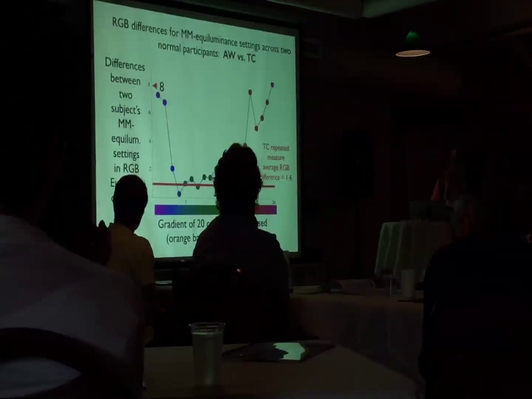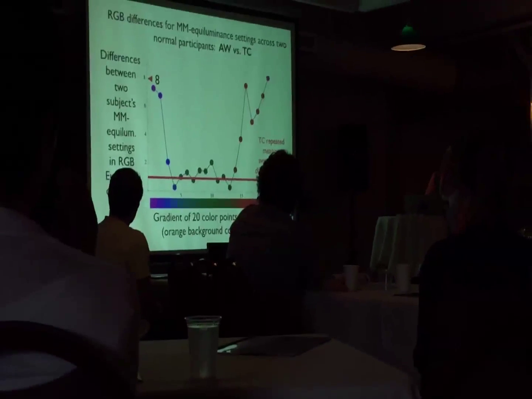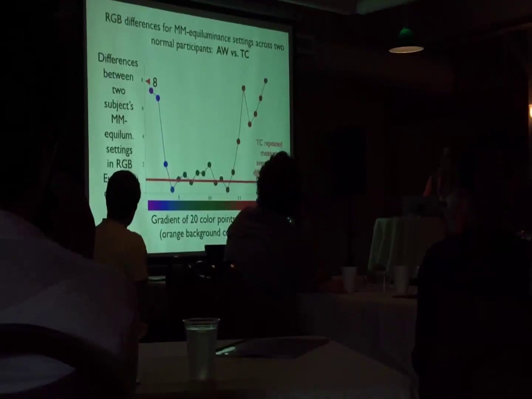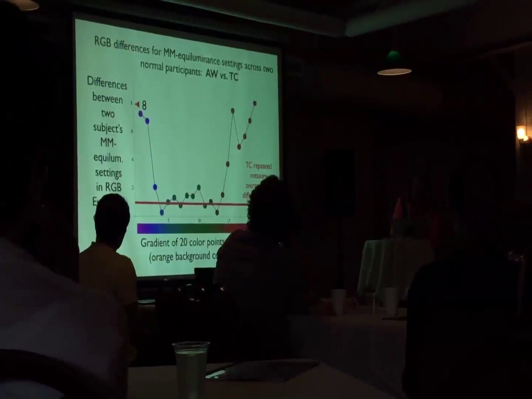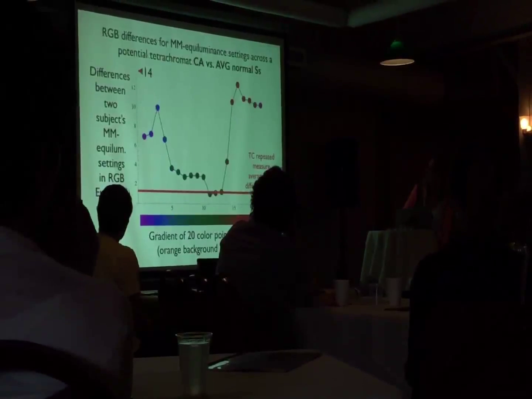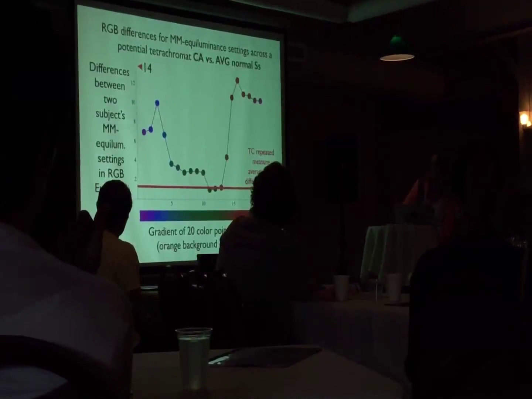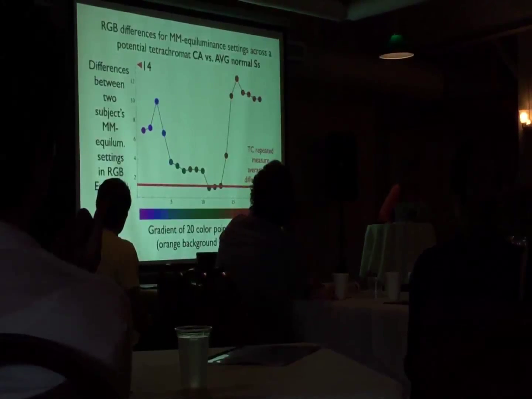So this shows that within normal individuals, the differences across space in isoluminance settings are non-uniform, and they vary up to an order of Euclidean distances in RGB parameters of 8. Compare that with the potential tetrachromat against the average aggregate subject.